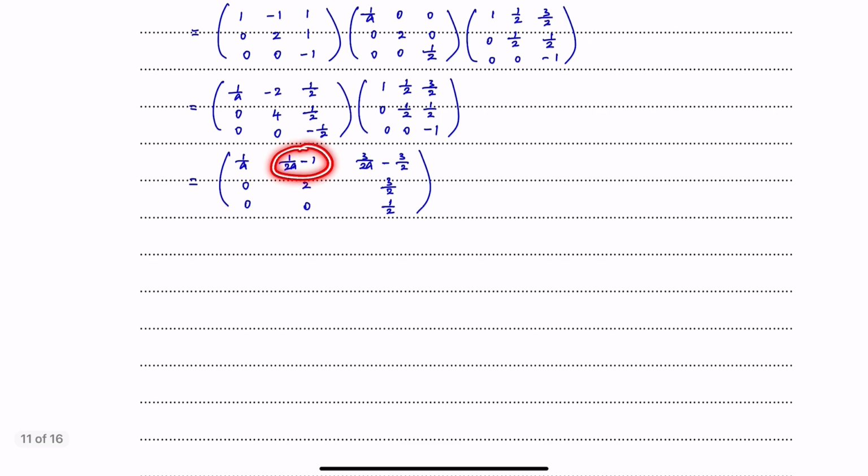Let's simplify these numbers to make it look nicer. So I have 1 over a, 1 minus 2a over 2a, and this would be 3 minus 3a over 2a. So 0, 2, 3 over 2, 0, 0, 1 over 2. So this would be the answer for A inverse.